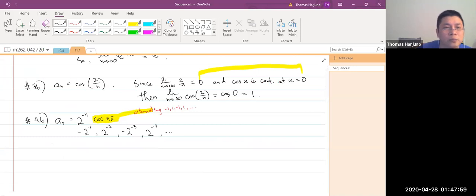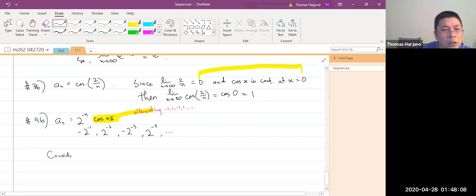Notice that, consider the absolute value of a sub n, which is the absolute value of 2 to the negative n times cosine n pi. That equals the absolute value of 2 to the negative n times the absolute value of cosine n pi.